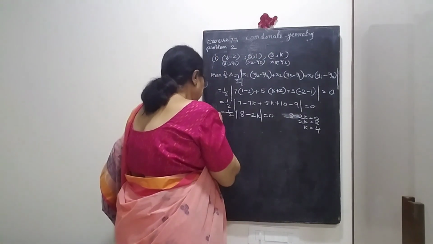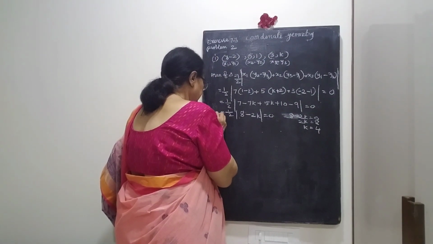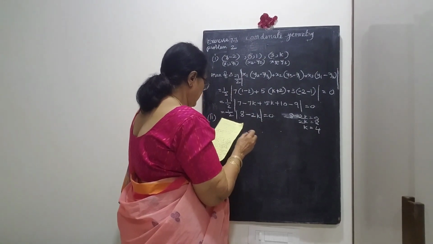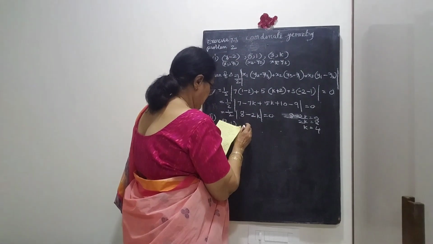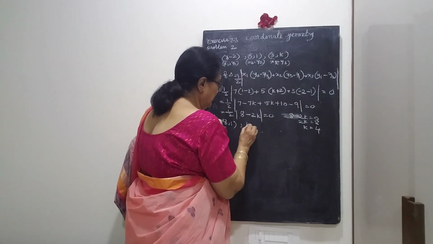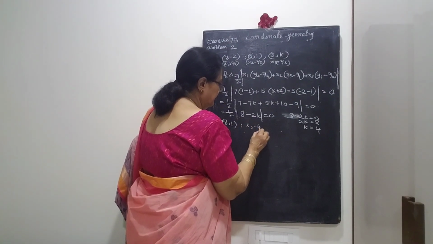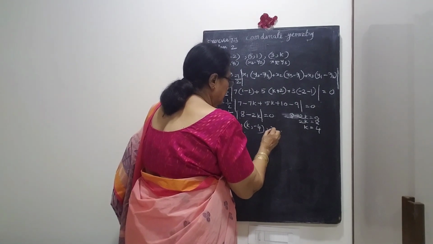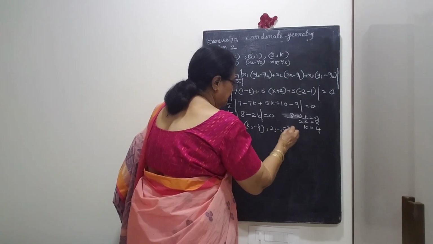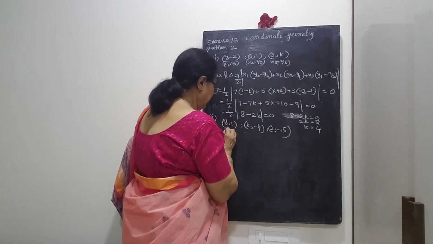So next, the second bit: the points are (8, 1), (k, -4) and (2, -5). This is x1, y1.